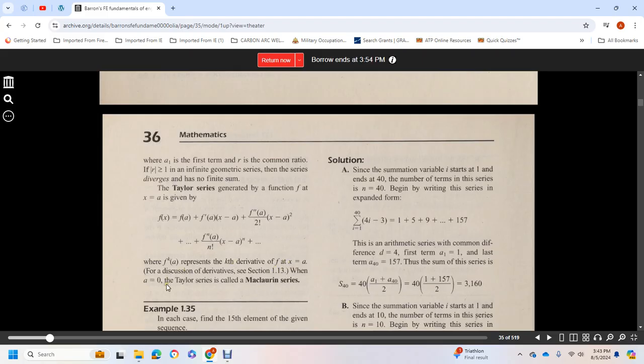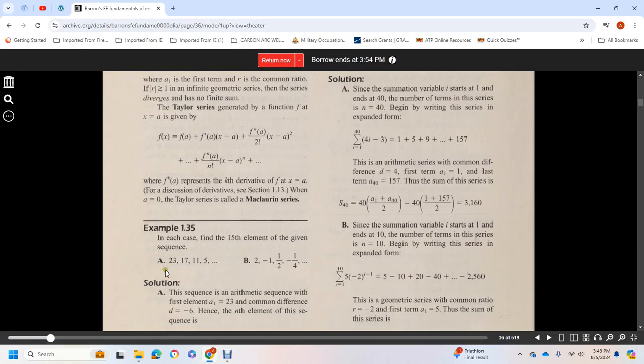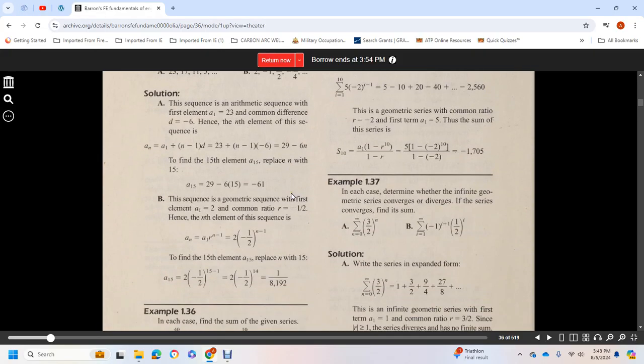When a is equal to 0, the Taylor series is called the Maclaurin series.